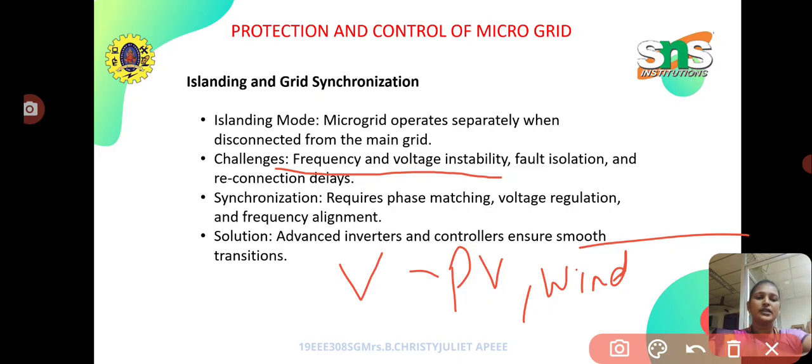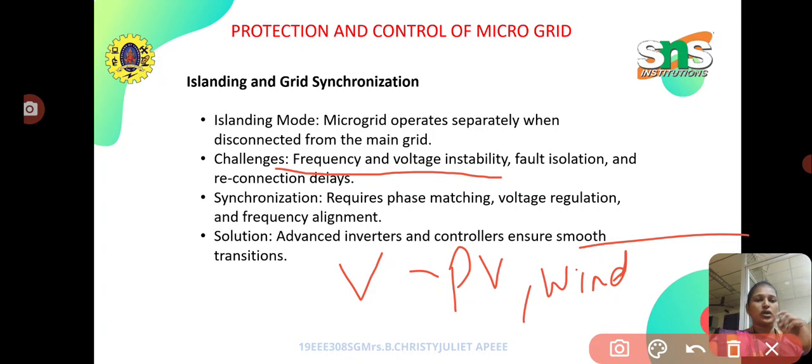Since we have different ranges of EMF being generated from a wind generator, and a PV panel generates a different form of energy, we cannot just combine them into a microgrid. We have to undergo certain power electronic energy conversions so that synchronization becomes possible. Even in that case there is frequency and voltage instability, which makes the system more unstable.